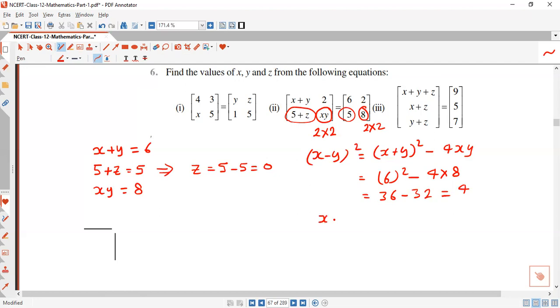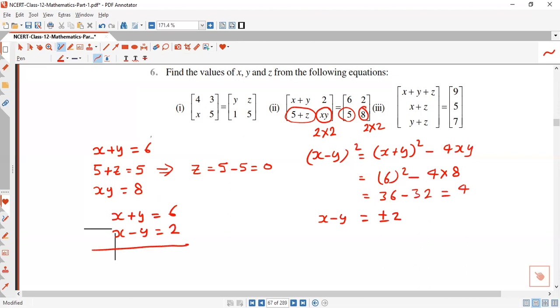Taking the square root on both sides, x minus y comes out plus or minus 2. Now to find the value of x, taking the positive: x plus y equal to 6, and x minus y equal to positive 2.